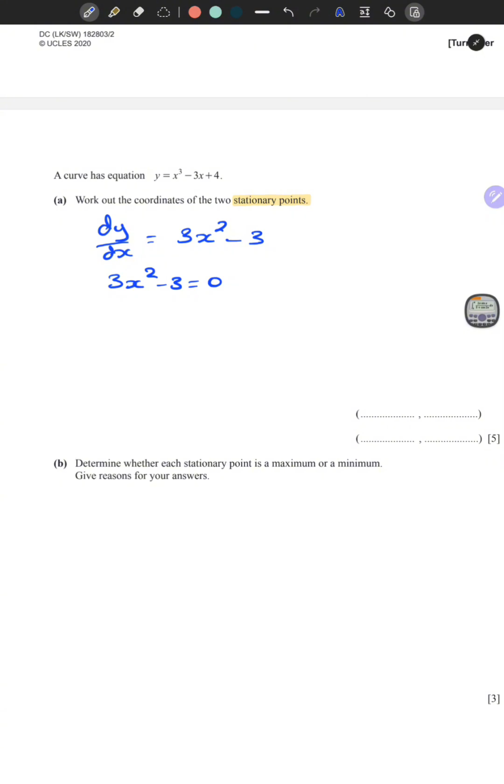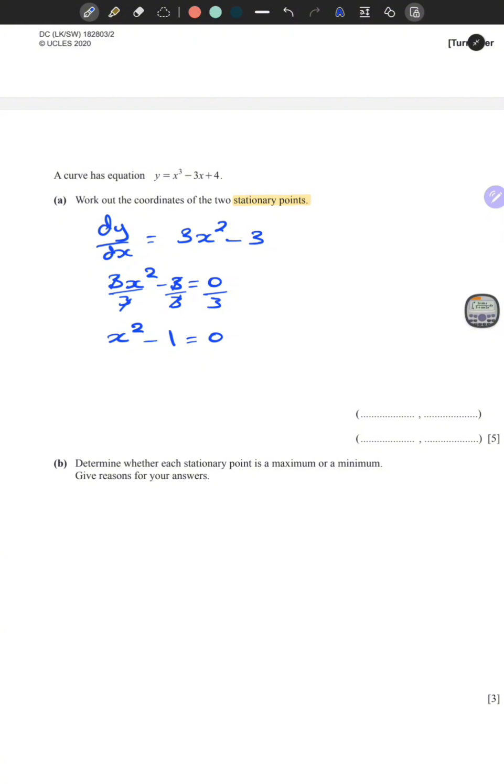Divide both sides by 3. It will be over 3 here, over 3 here, and over 3 here. So 3 over 3 is 1, 3 over 3 is 1, and 0 over 3 is 0. So it will be x squared minus 1 equals 0. So x squared minus 1 is a difference of squares.